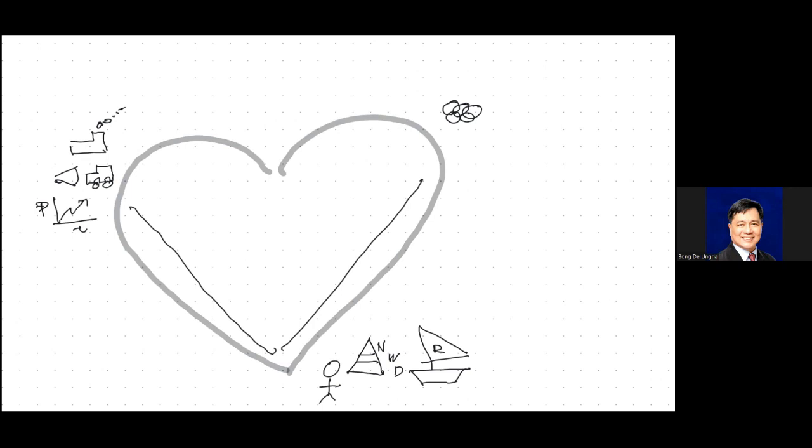And the test for if you're doing well versus competition is market share, which is again symbolized by a slice of the total market. So it's like a pizza pie. Okay.